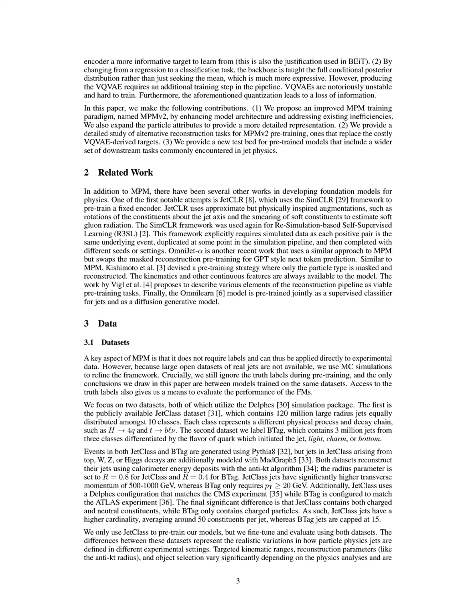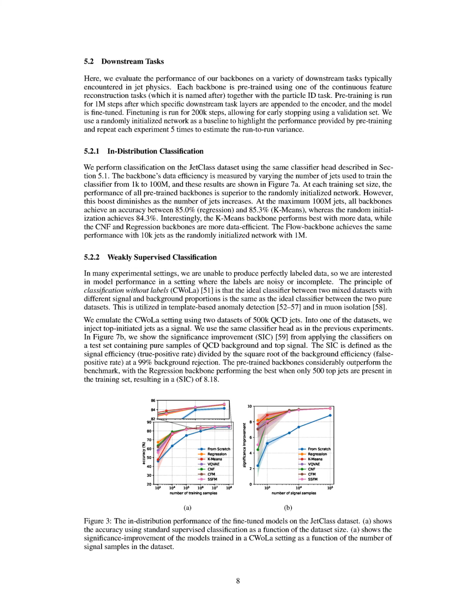The effectiveness of MPMV2 was validated through a series of experiments using two datasets: a publicly available dataset containing 120 million large radius jets and a BTAG dataset with 3 million jets. The models were benchmarked against a randomly initialized network to highlight the performance improvements provided by pre-training.